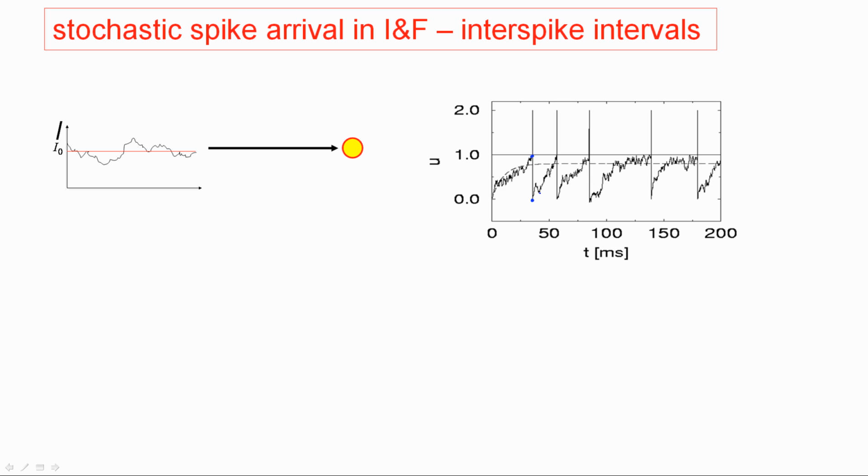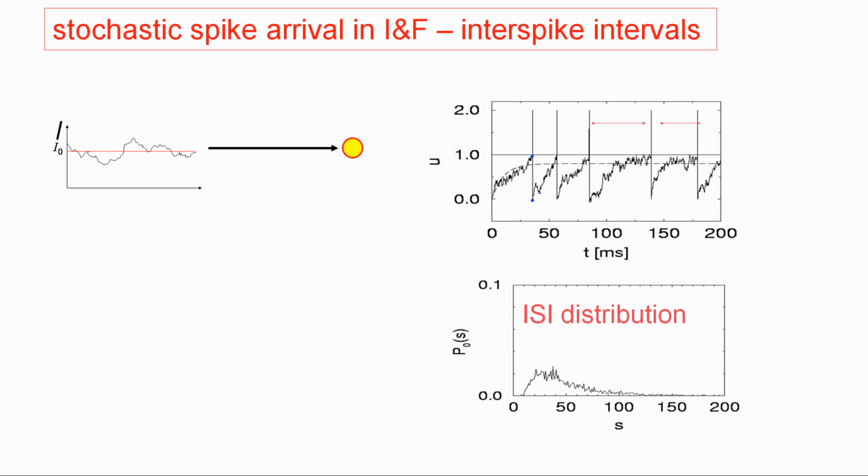Now, we discussed at the beginning of this week the notion of interspike intervals. In such a model, interspike intervals are irregular, and we can build up a distribution of interspike intervals. And what you see is that there's a broad distribution of interspike intervals.